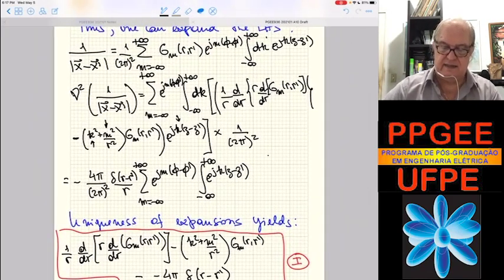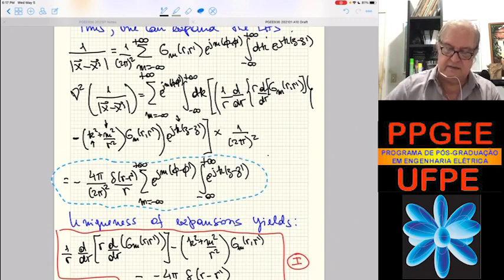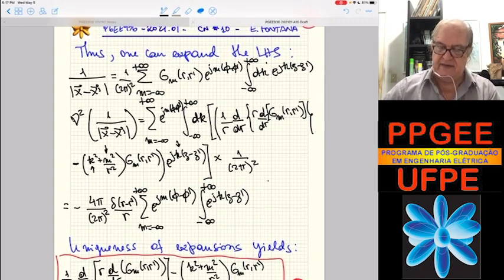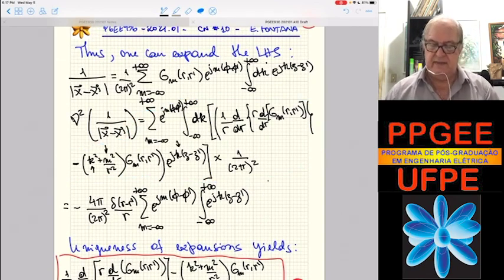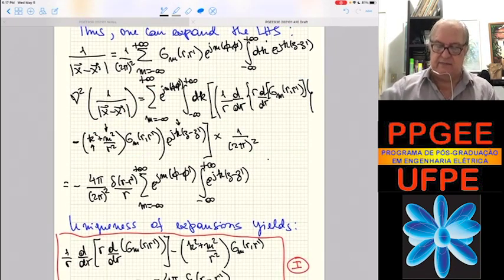The right hand side is this thing here, and the left hand side is this complicated thing here, which has lots of terms. But you see that we can compare term by term.